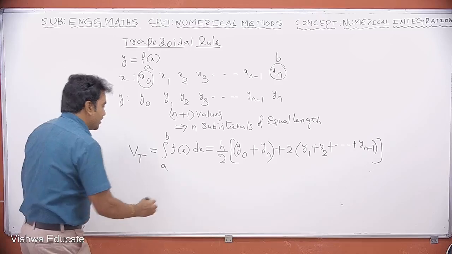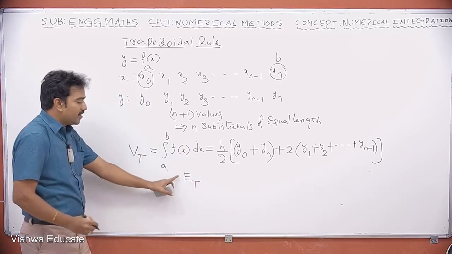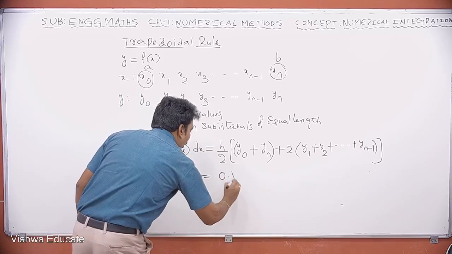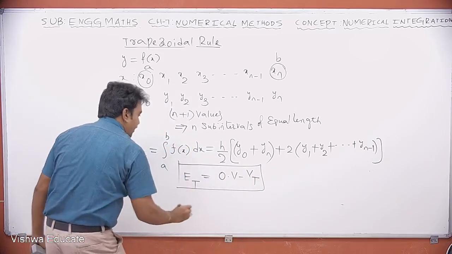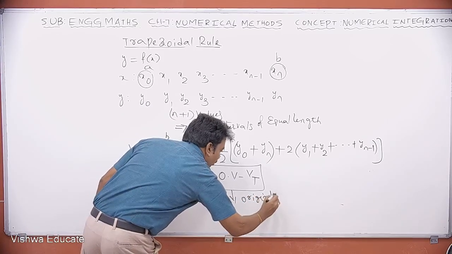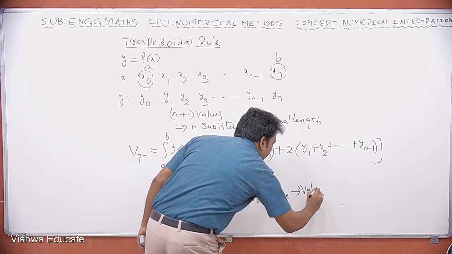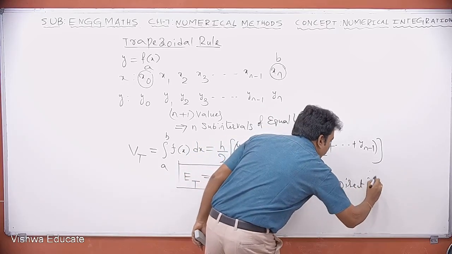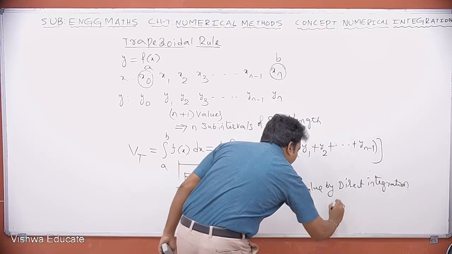Now I can discuss its error also. This is the error by trapezoidal rule. ET equals OV minus VT, where OV is the original value, meaning the value by direct integration, which is also called the closed form method.